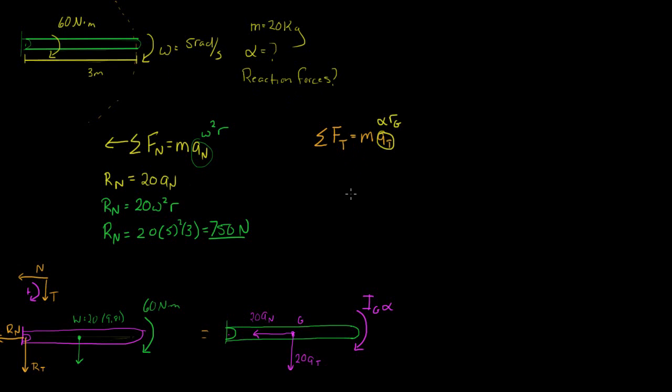So if I sum all my forces in my tangential direction, positive is down, so RT plus my weight, which is 20 times 9.81, is equal to my mass, which is 20, times alpha, which I don't know, times RG, which is the distance to my center of mass, and that's half of 3 meters.